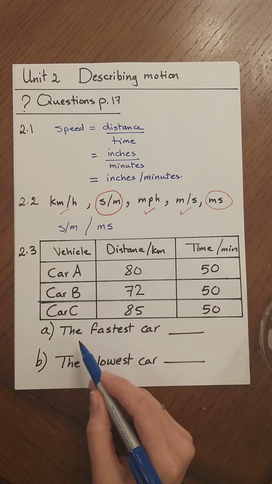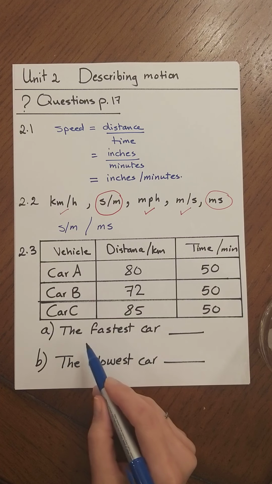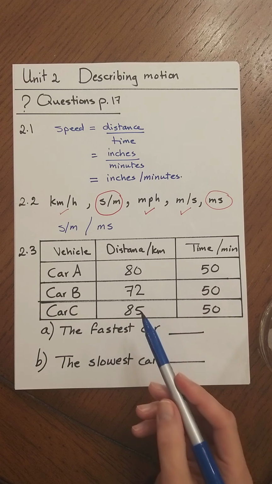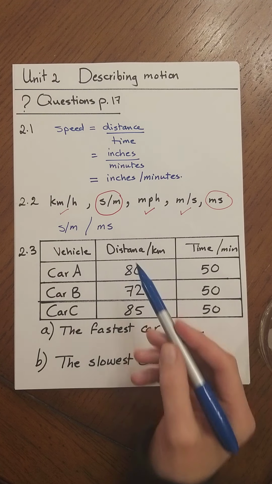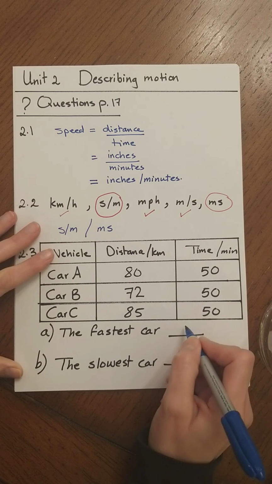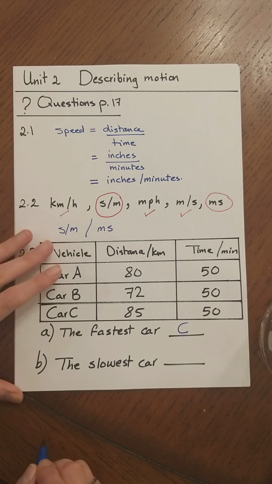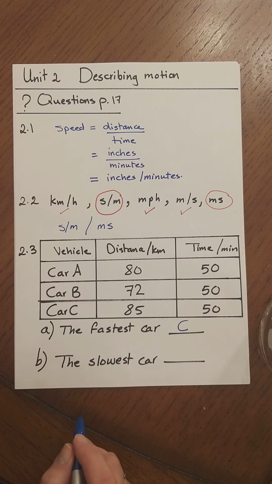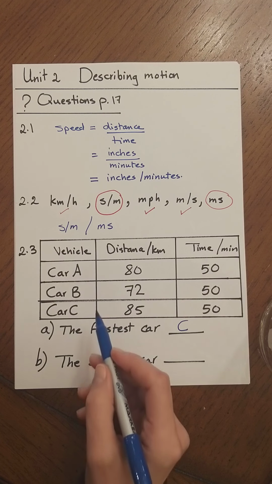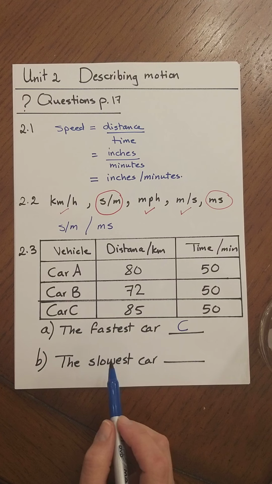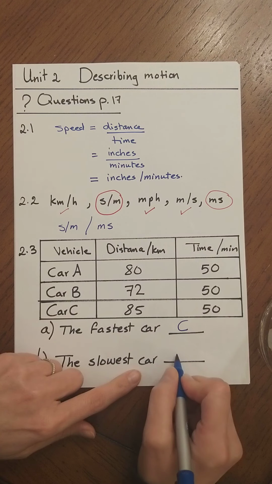A. Which car is moving fastest? So the fastest car should be the one traveling the bigger distance in the same time. In this case, it's car C. Which car is moving slowest? The car that's moving the slowest would be the car that's traveling the least distance in the same time, 50 minutes. So it would be car B.